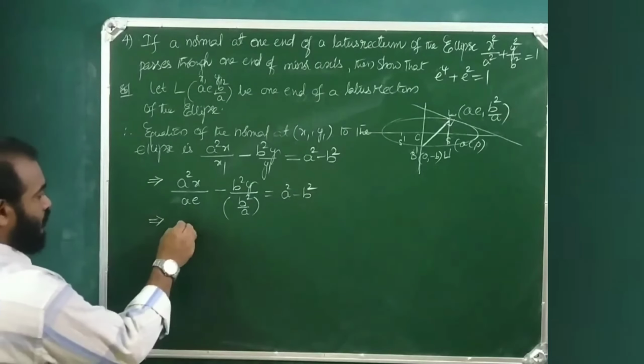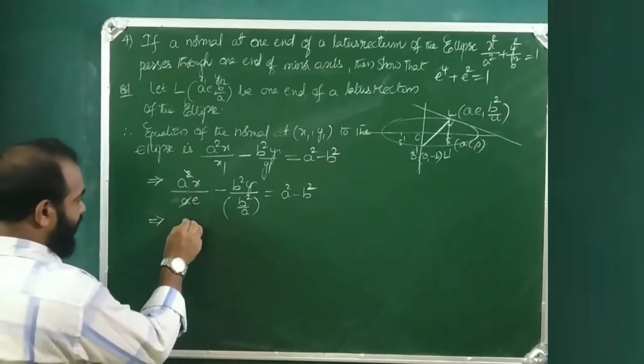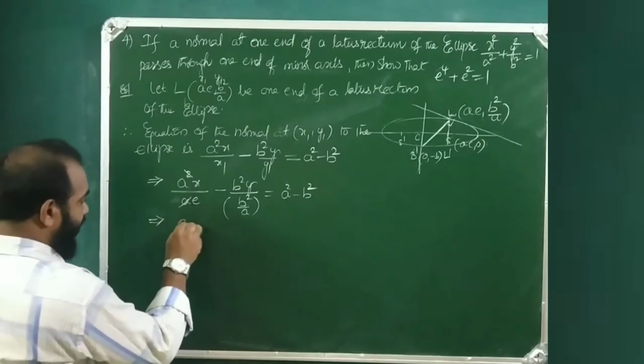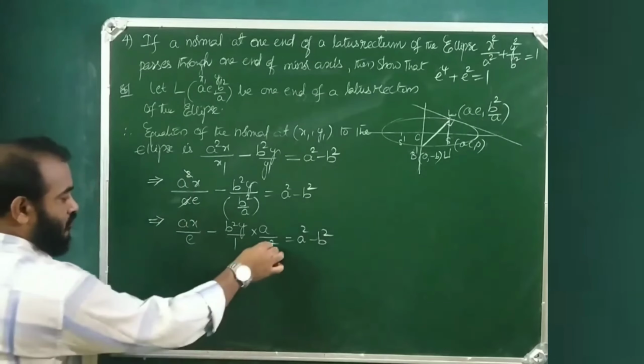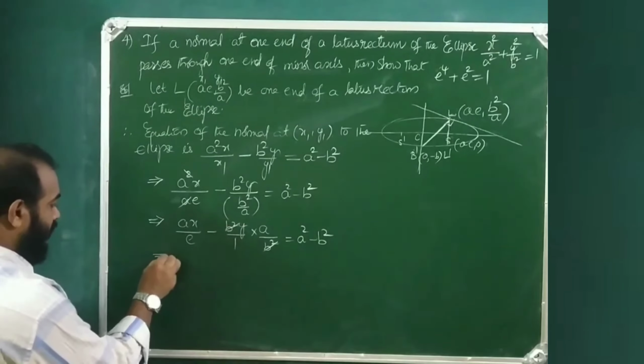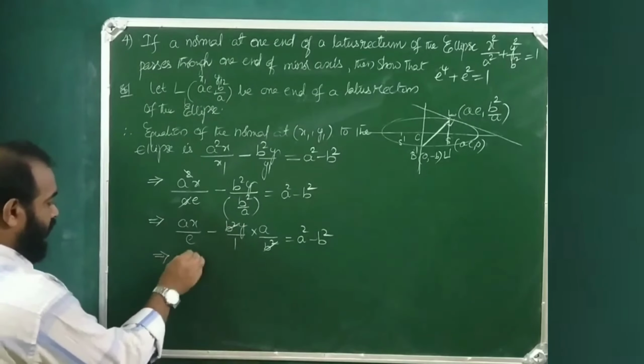So this a gets cancelled: a x by e minus b square y into a by b square equals a square minus b square. So b square gets cancelled. This is ax by e minus ay equals a square minus b square.